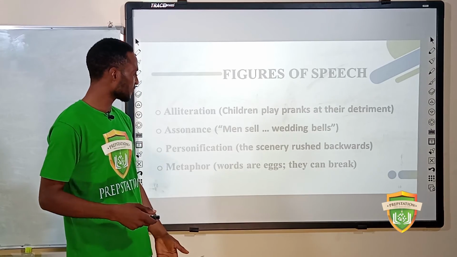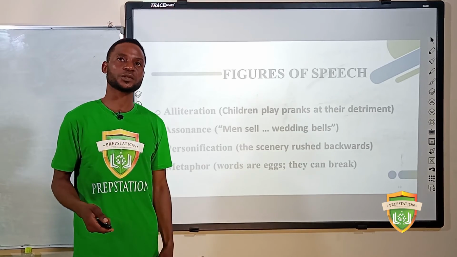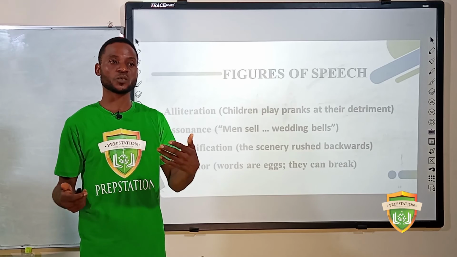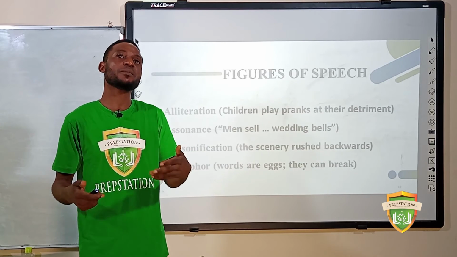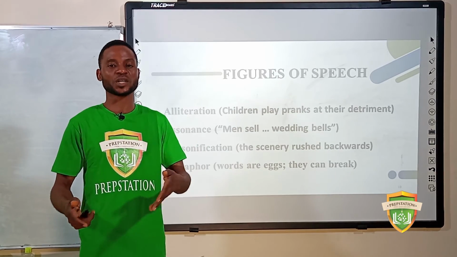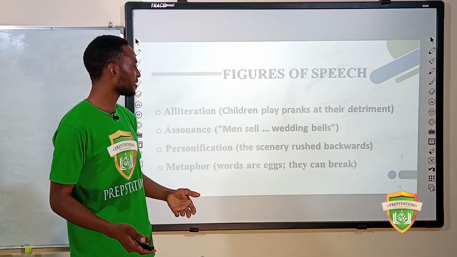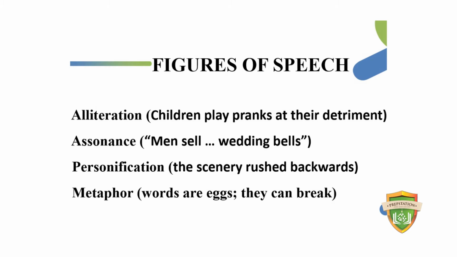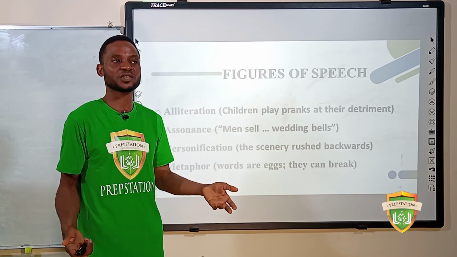And apart from assonance, you have what is called personification. Personification is a situation where you give human attributes to what is not human. For instance, in the example that we have here: the scenery rushed backwards. Scenery, of course, is not human. It doesn't have the human property of rushing.